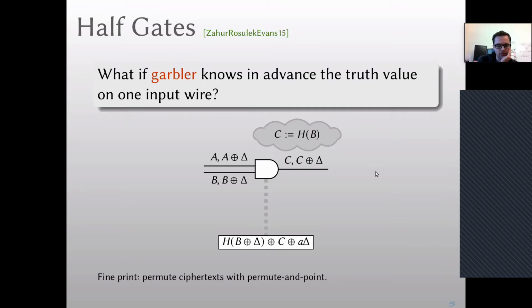Okay, and then I could do the normal row reduction. There should be a point and permute here. There should be some color bits, but I haven't drawn them because it would make my picture too complicated. But basically the answer is, if the garbler knows in advance what value will be on a wire, then he can garble this gate for just 1 ciphertext. Okay, this is the entire garbled gate.